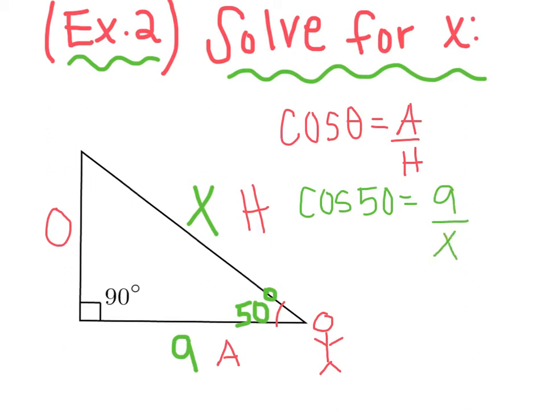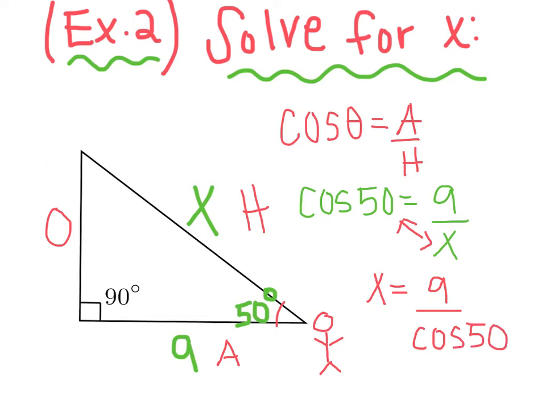Now we need to decide if we're going to be multiplying or dividing. On the last example, we said if x is up top, we multiply. So when x is in the bottom, we are going to be dividing. You just swap the places. So we have x equals 9 over cosine 50.